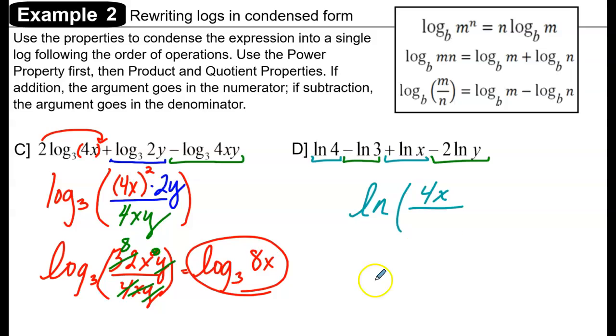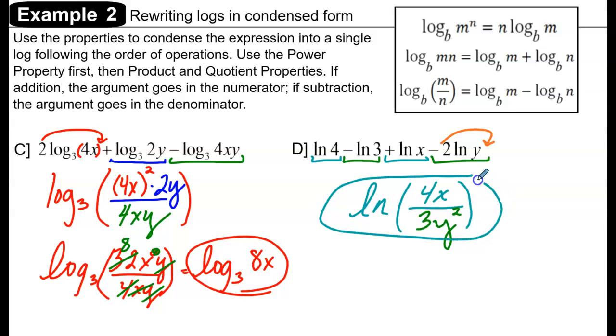We're going to use the power property on that coefficient of 2 to make that a y squared. And then in the denominator, we'll have 3y squared. And when we look at the argument of that condensed natural log, nothing reduces further, so this would be our condensed and simplified form.